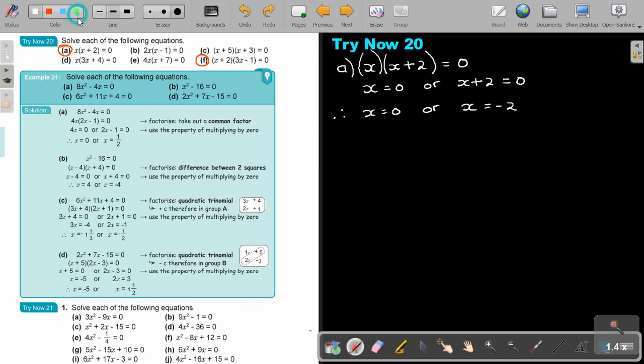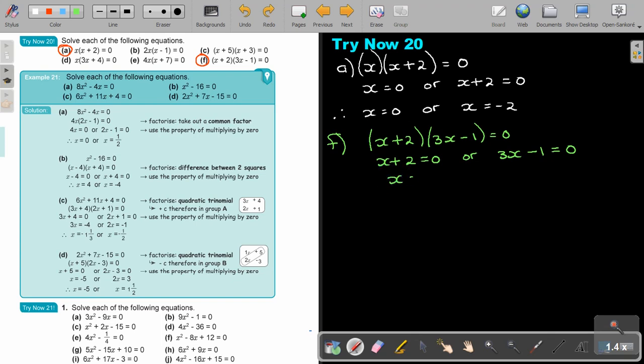And then number F. Okay, in number F, it's now already the two brackets. So it's either x plus 2, which is equal to 0, or 3x minus 1, which is equal to 0.